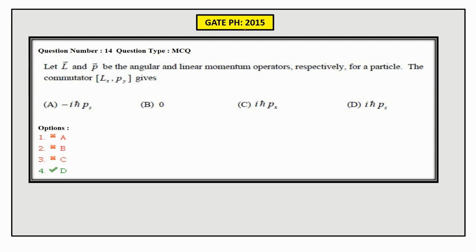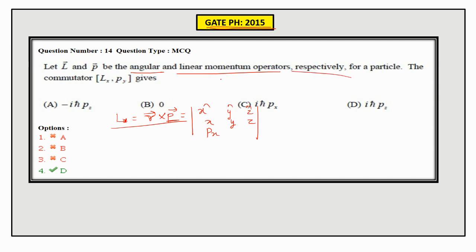Coming back to this GATE 2015 question. I think you guys can try this question again. Given L equals r cross p, with x, y, z and px, py, pz. So this orbital angular momentum and linear momentum have this relation, where L and p are the angular and linear momentum. These are the operators for a particle.